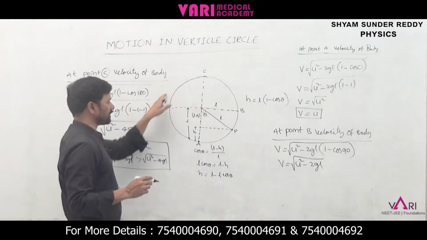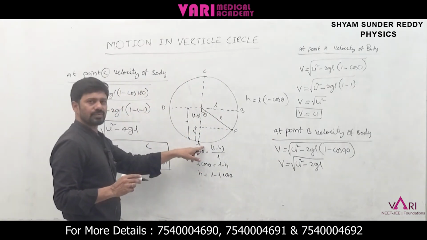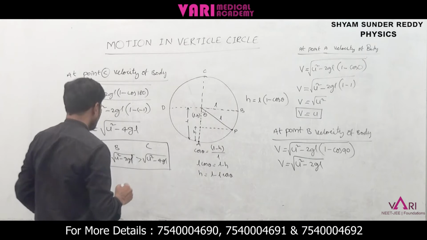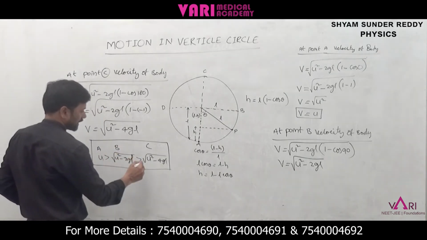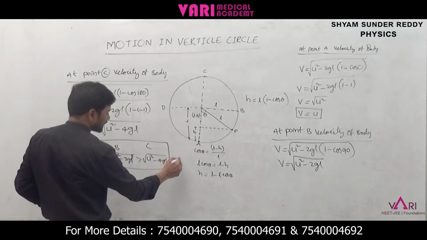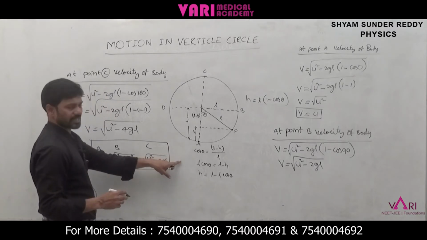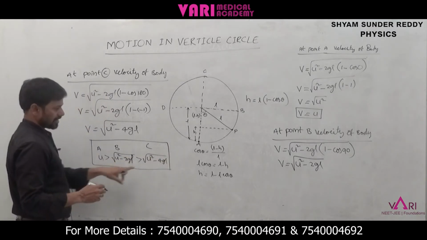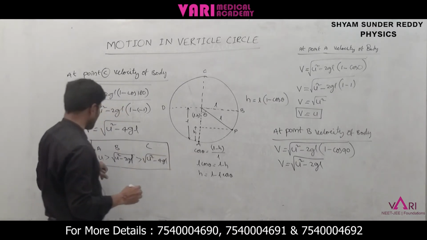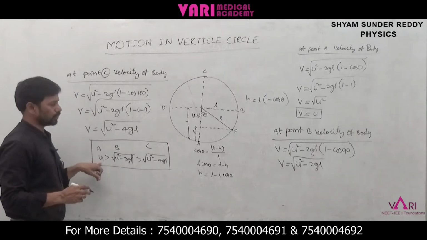So once again it increases and goes back to the first value. So A is greater than B, B is greater than C, and at D it is more than this value, and after this we get the same value of U.